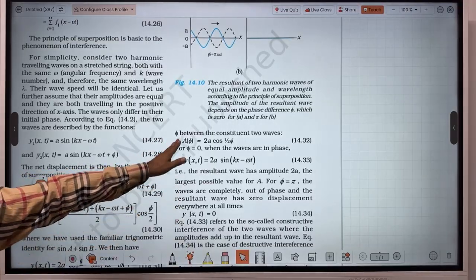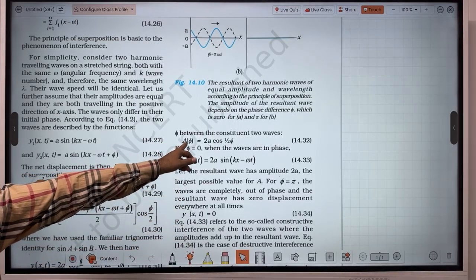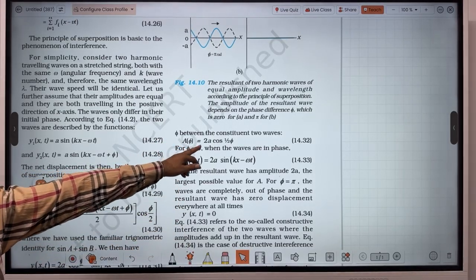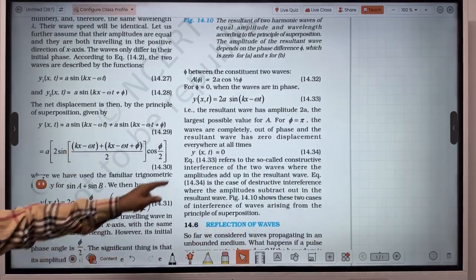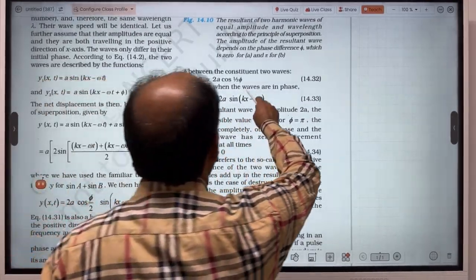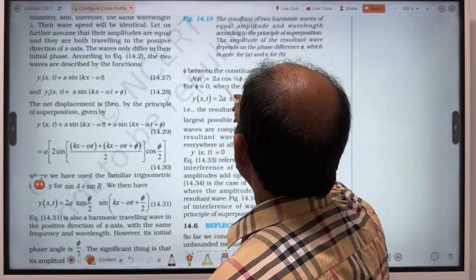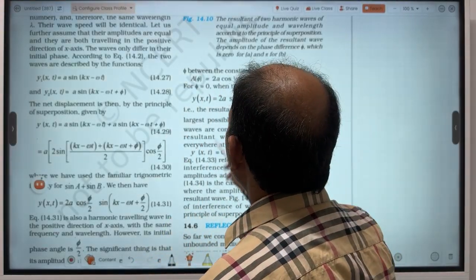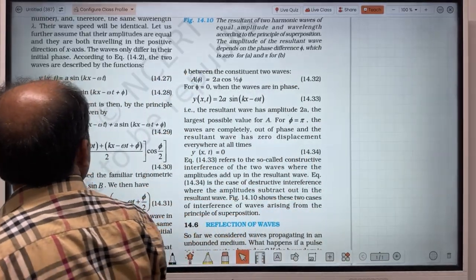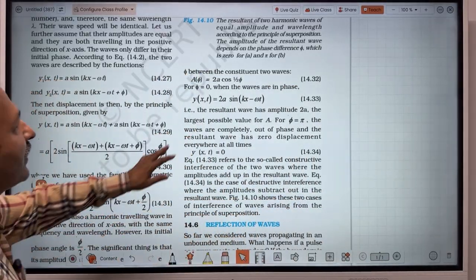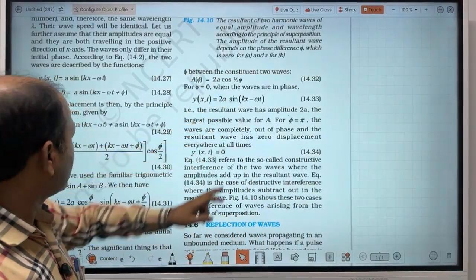Now the same thing is being explained here. So the amplitude is 2a cos(phi by 2). If phi becomes 0, then what happens? You know, cos 0 degree is 1. So we will get this as just 2a.